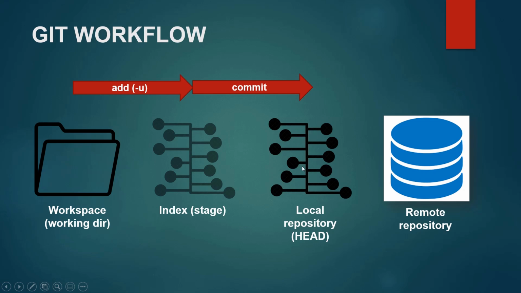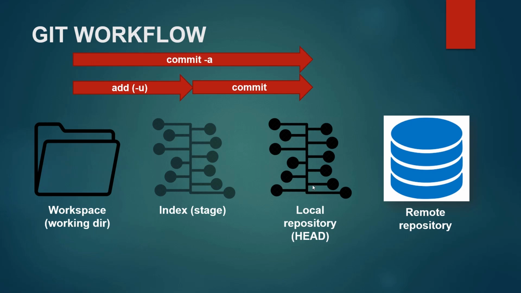They go from the modified state to the staged state when you execute the add command, and then from the staged state, they can be committed to the local repository by using the command git commit. So at this point, your changes are safely stored in the local repository.